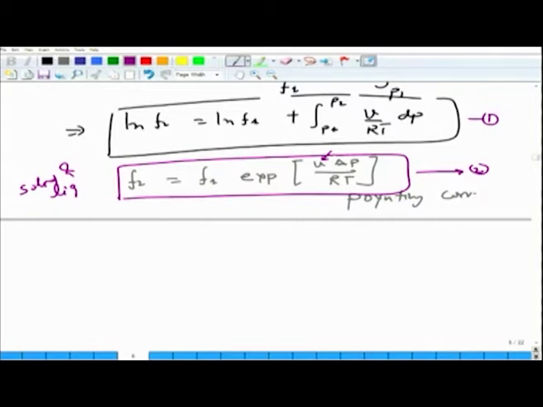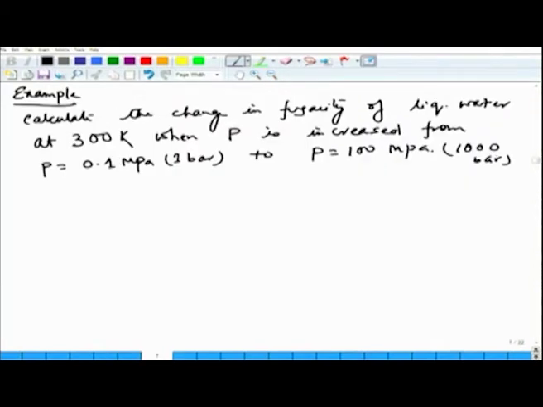This is an example. The question is, we have to calculate the change in fugacity of liquid water at 300 Kelvin when pressure is increased from 0.1 megapascal to 100 megapascal. So, basically a 1000 times increase in the pressure, and the data for this can be obtained from the NIST web book, which is available without any special privileges.